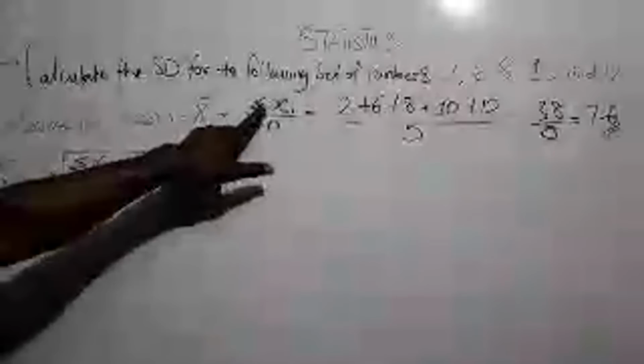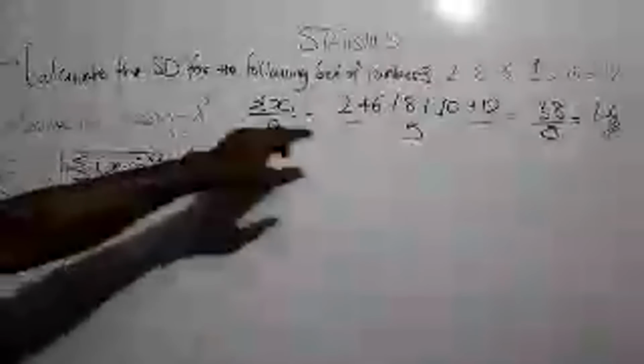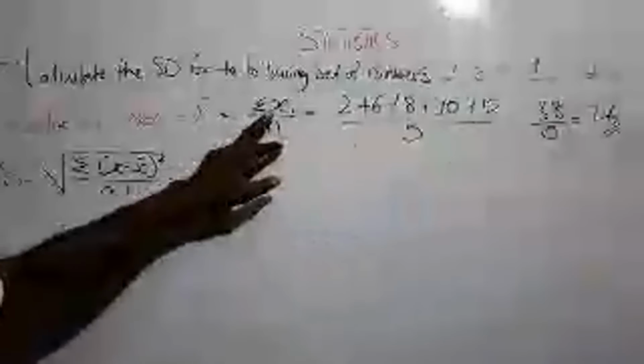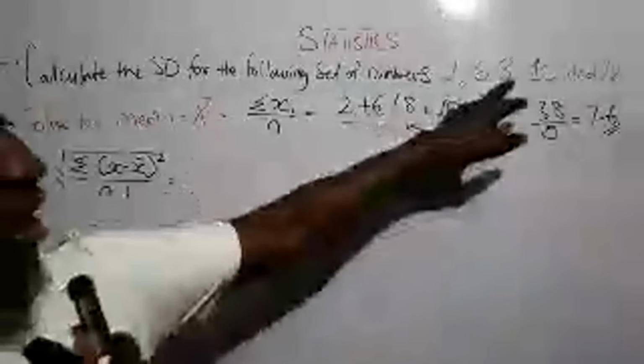These are all our x. The data here is referred to as x. Don't forget, we said xi. This is xi, the summation of x1, x2, x3, x4, x5.